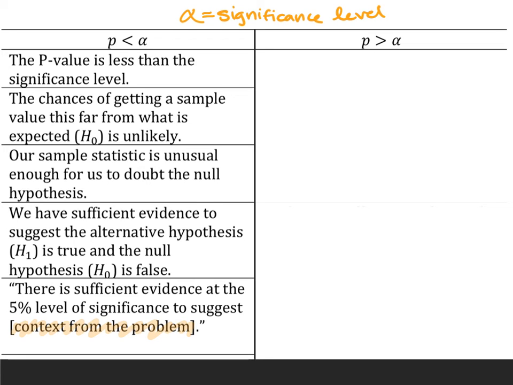All right, so that's what happens if p is less than alpha. Well, p is either less than alpha or greater than alpha. I guess technically it would be less than or equal, so let me draw that line under there.